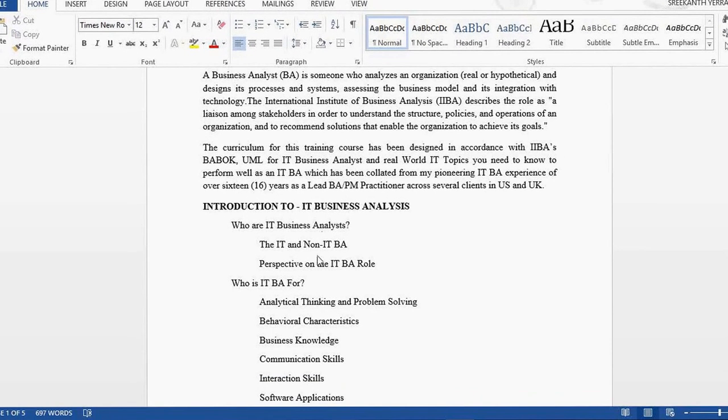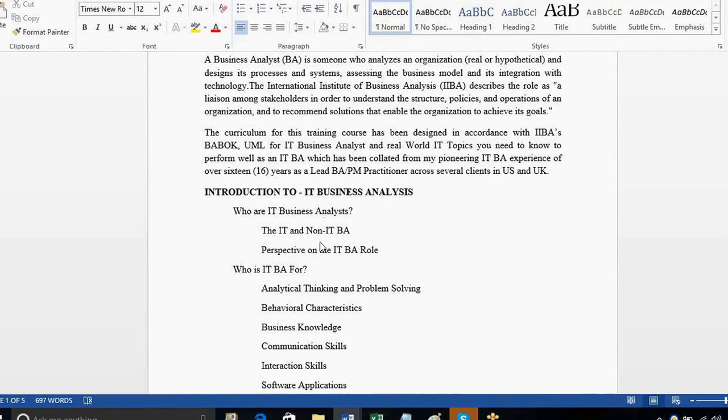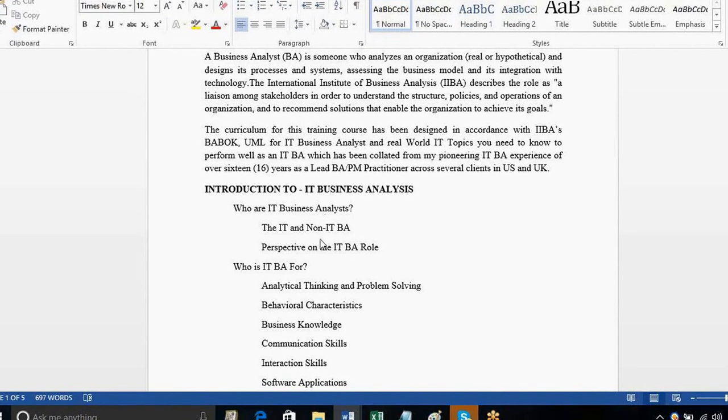So primarily, who are IT business analysts? We talked a little bit about what an IT business analyst does. He is a liaison between the business folks and the information technology folks. So the role of a BA in an IT context is somebody who is in between and understands the user needs. When we say user needs, not just the user, the broader term is the stakeholder.